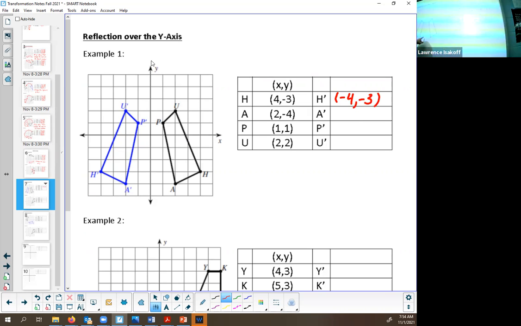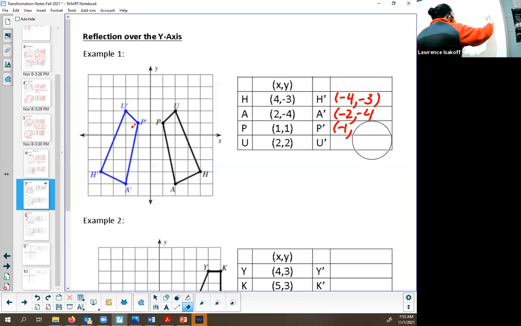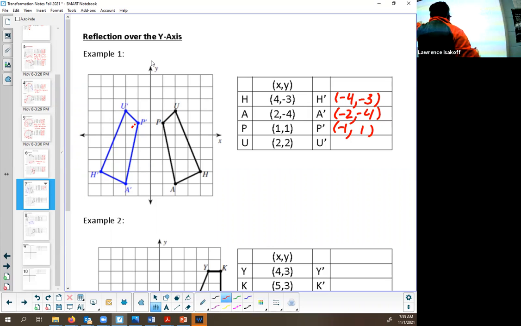Then I have A prime. That's at -2, -4. B prime is at -1, 1. And then U prime is up here at -2, 2.